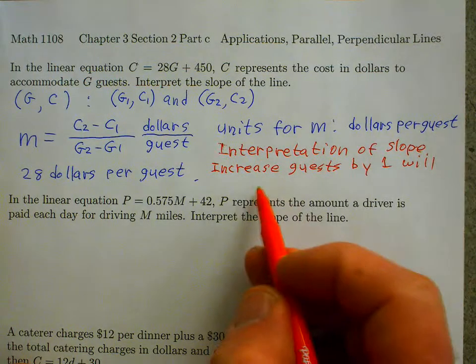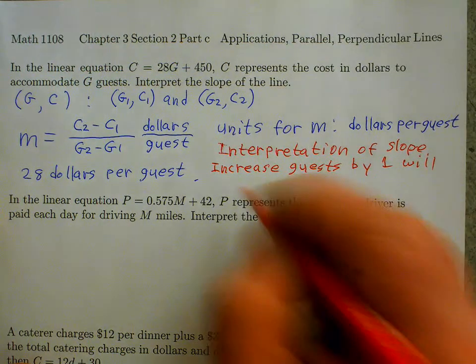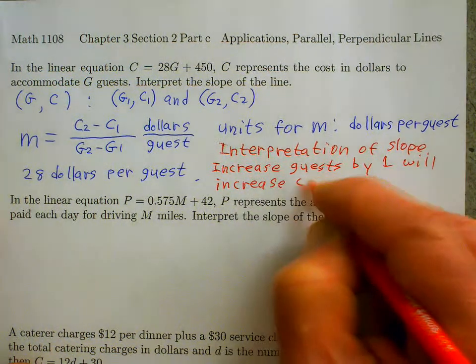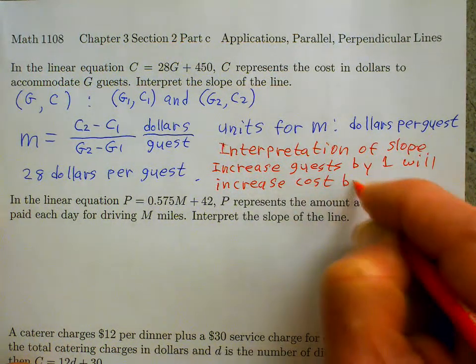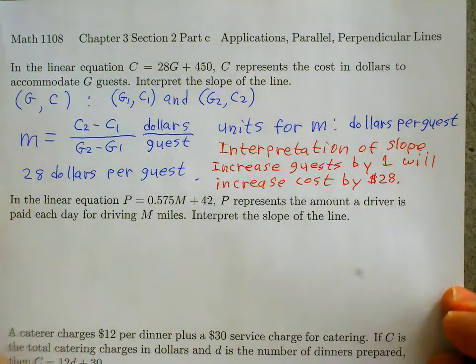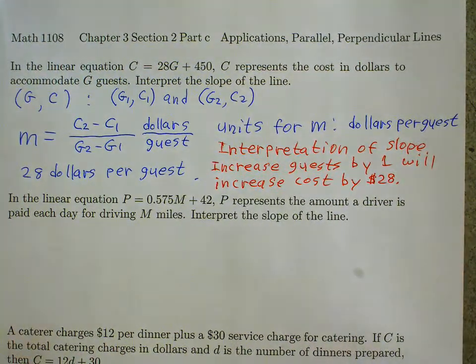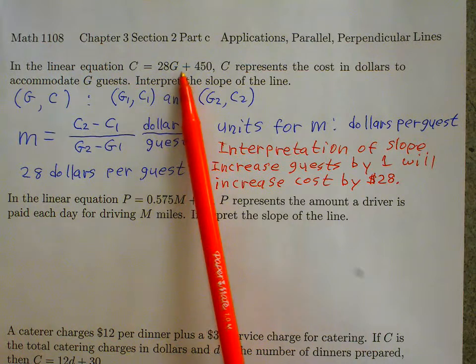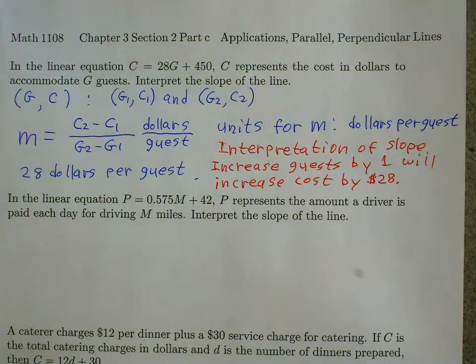Does that seem to make sense? Right, because each guest, $28 per guest. G is the total number of guests.